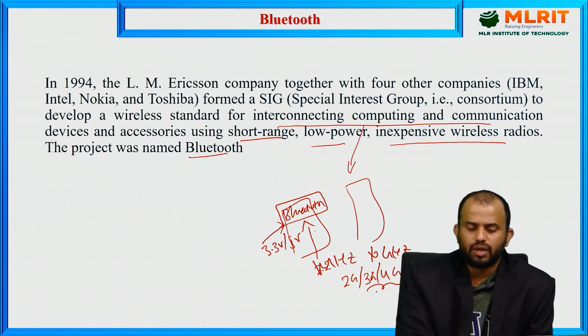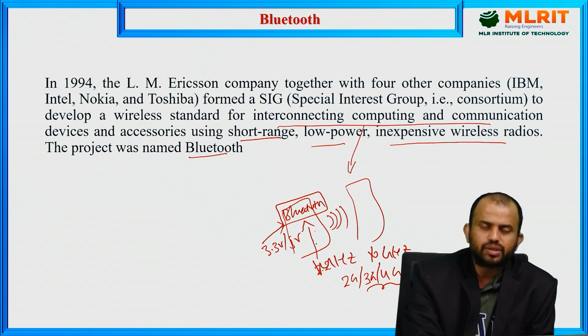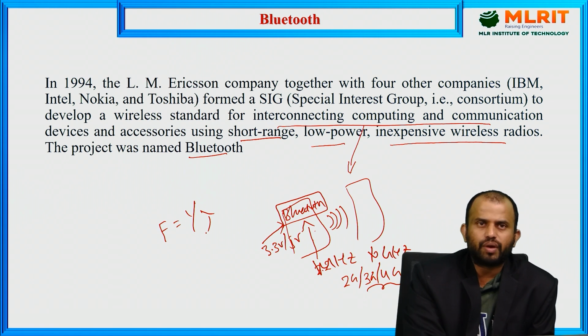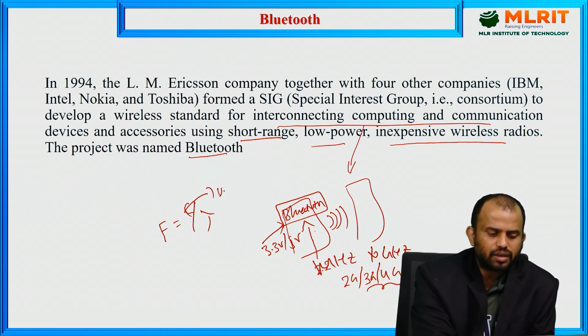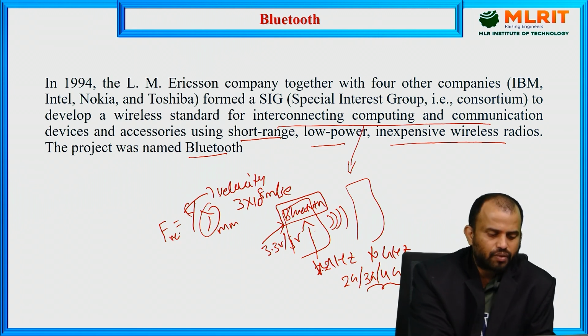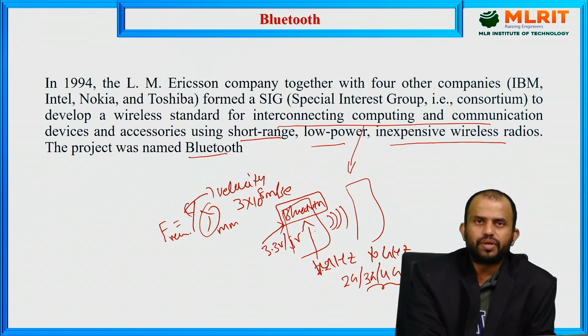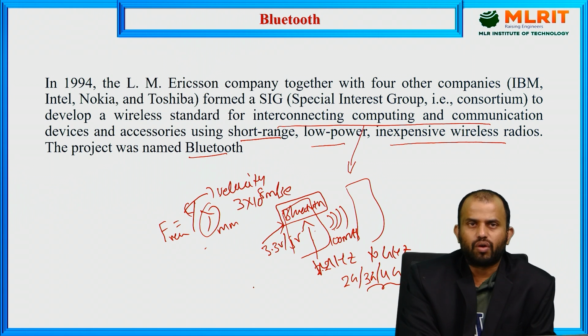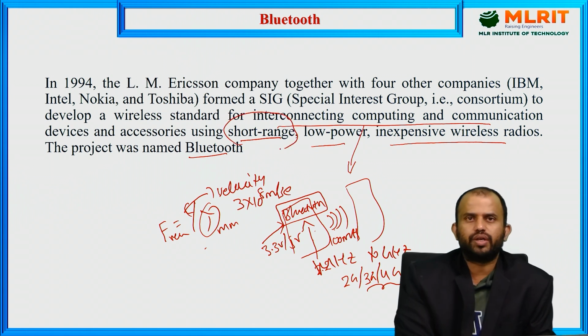The wavelength is very limited, because frequency depends on wavelength: f is directly proportional to c by lambda, where c is the velocity of light, 3 × 10⁸ meters per second, and lambda is in millimeters. Based upon the frequency range, Bluetooth works up to a maximum of 100 meters. That is the reason we call it short range communication.